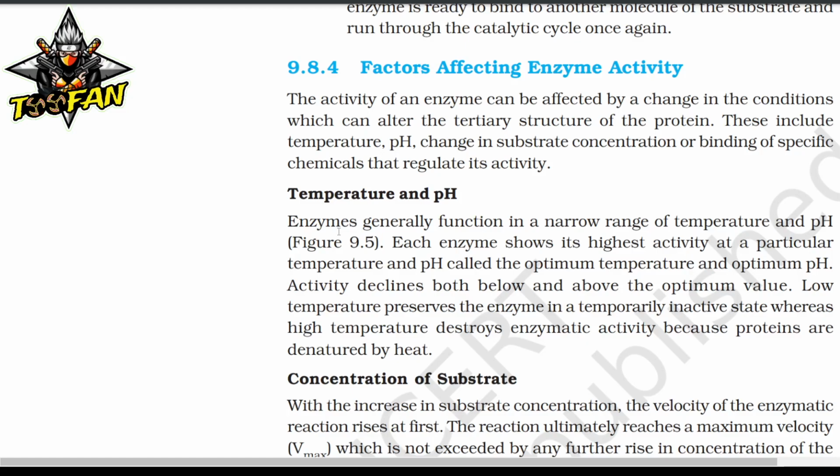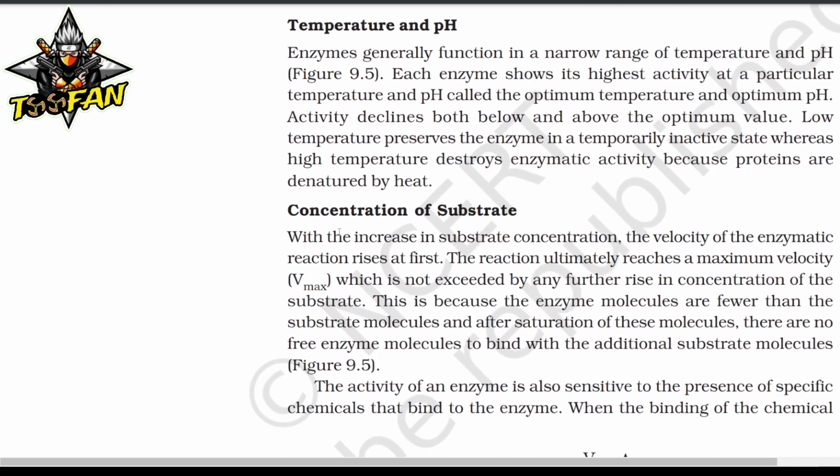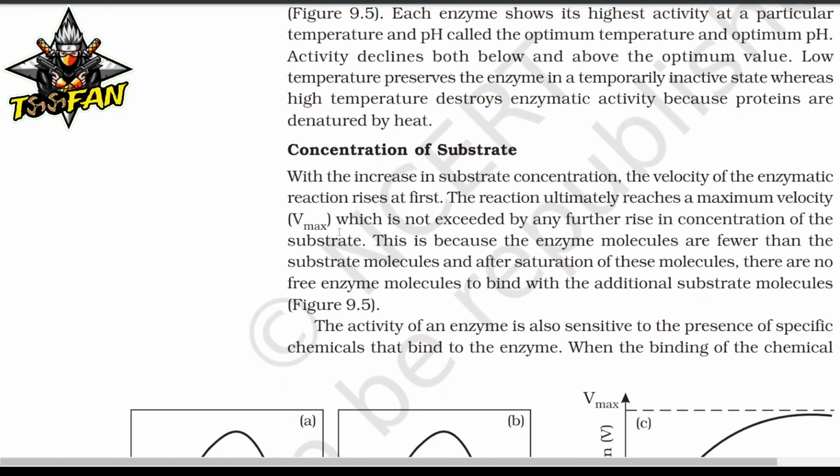Each enzyme shows its highest activity at a particular temperature and pH, called the optimum temperature and optimum pH. Activity declines both below and above the optimum level. Low temperatures preserve the enzyme in a temporarily inactive state, whereas high temperature destroys enzymatic activity because proteins are denatured by heat.